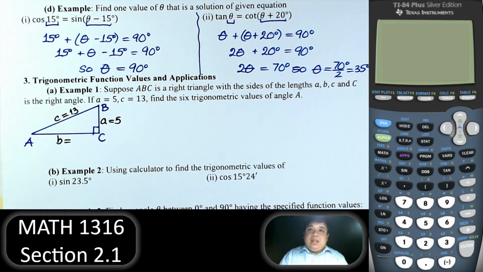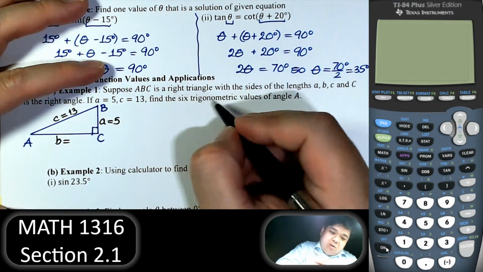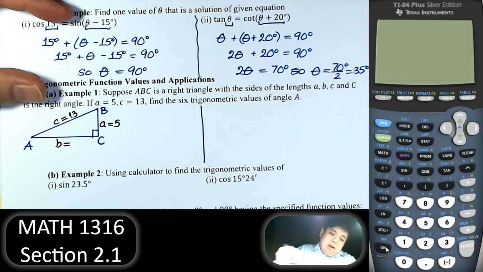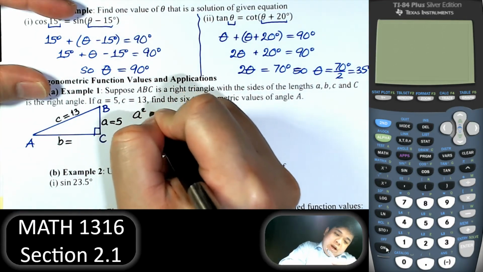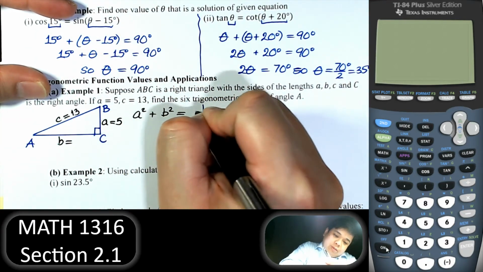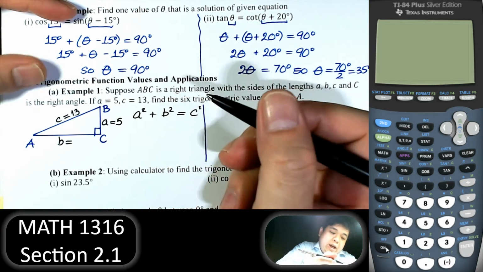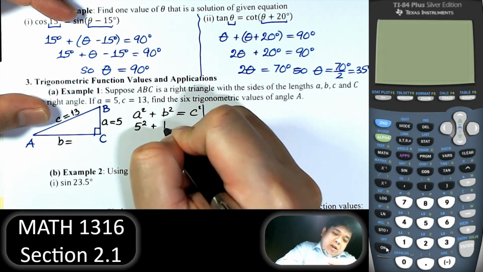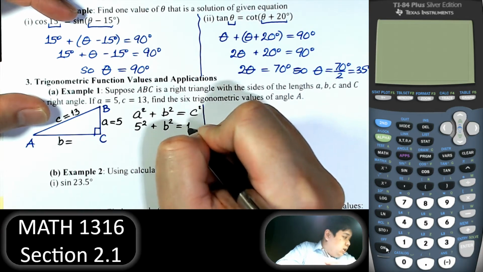After we have a, b, c, find out which one is opposite, adjacent, and hypotenuse, and then we just find the 6 trig function values. So, Pythagorean theorem: a squared plus b squared equals c squared. a squared is 5 squared, b we don't know, c squared is 13 squared.